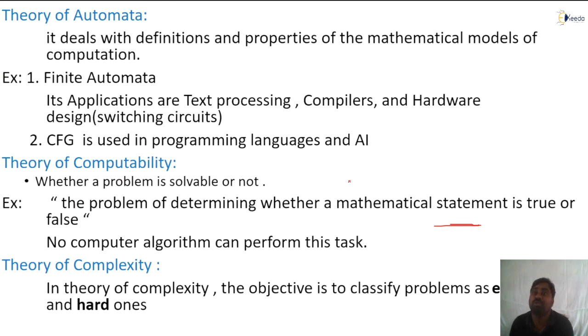But if I ask a question like this: in a university there are 2000 classrooms, and there are different branches, different courses of students, and I want to conduct the examination and assign classrooms for the exams. It is like a scheduling problem.